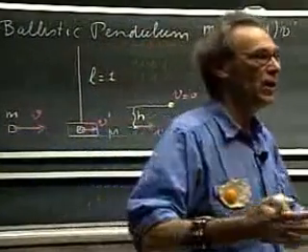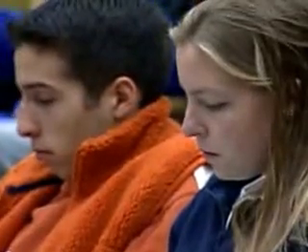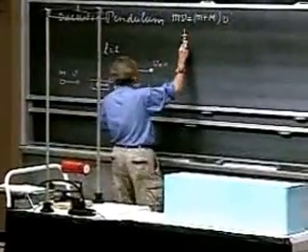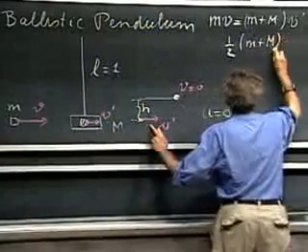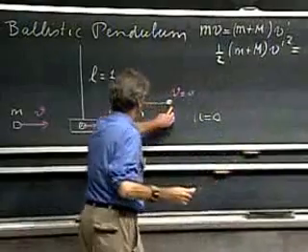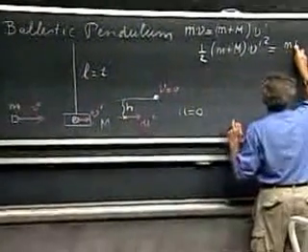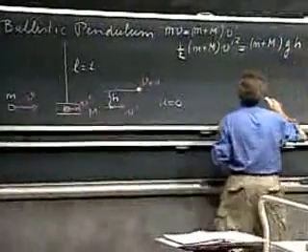So we apply the work energy theorem, or you could say it's equally valid, you could say we apply the conservation of mechanical energy. And so this kinetic energy, which is 1/2 (M plus m) times v prime squared, is now converted exclusively to gravitational potential energy, which equals (M plus m) times g times that h.